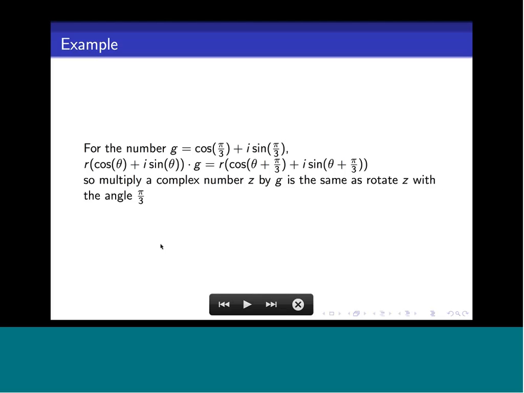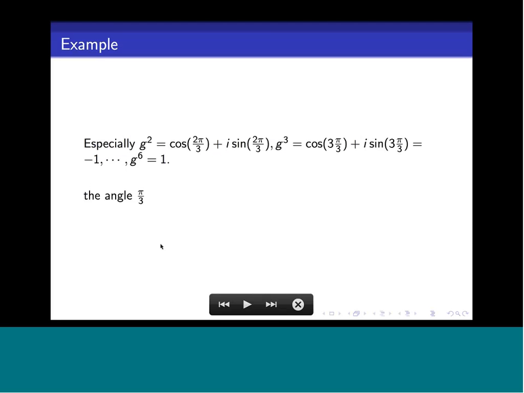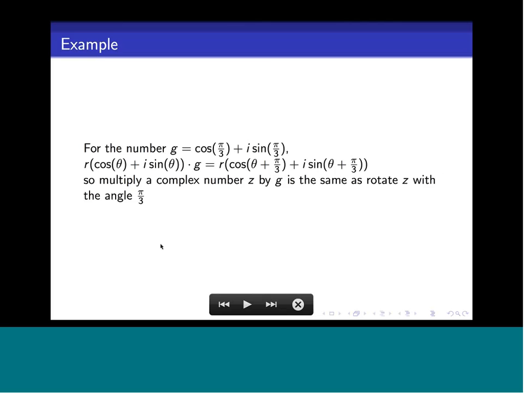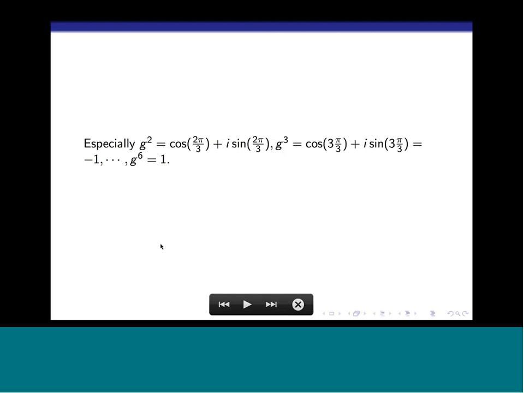Just to remember the transformation, we only did one, and I emphasized that it was very important, the coordinate change. So for this G, you can have G squared equal that, G cubed equal that.